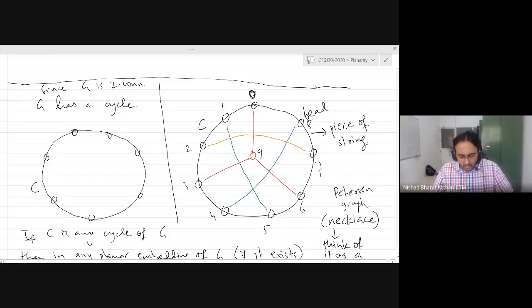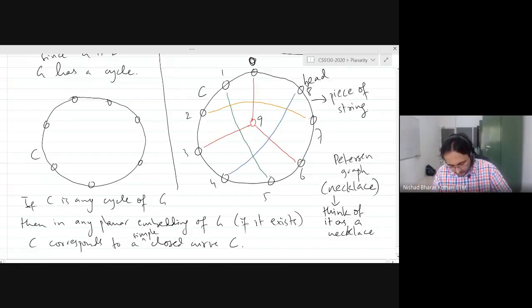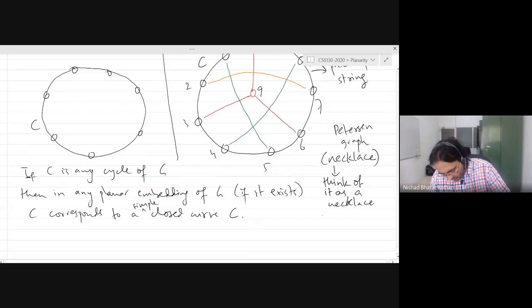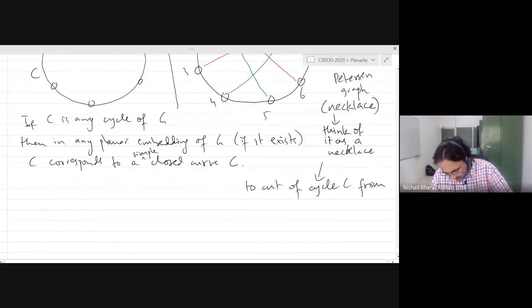I want to cut out this cycle from the necklace, which is made of beads and strings, using a scissors. Where exactly would I cut? Where exactly would I put the scissor cuts? Can someone explain to me how to cut out the cycle C from the rest of the necklace?